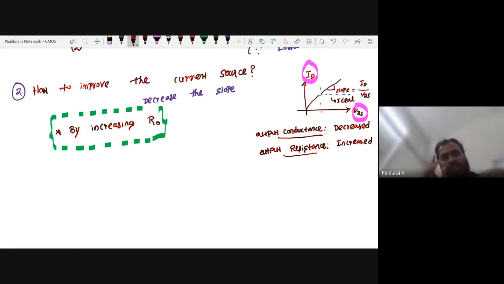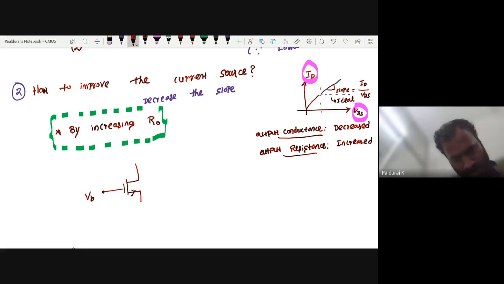Okay. So here I am having some MOSFET, right? Let me draw that MOSFET, some MOS. And here you are giving some biasing voltage, and here you are measuring this ID. But you know, the current is not a constant one, even in saturation region.